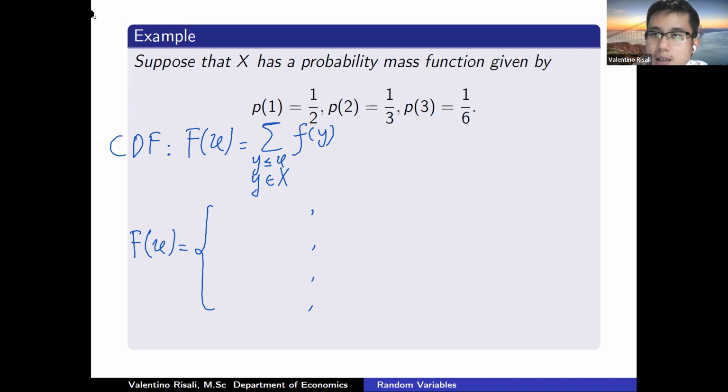Okay, I think time is up. What is the definition of the CDF?